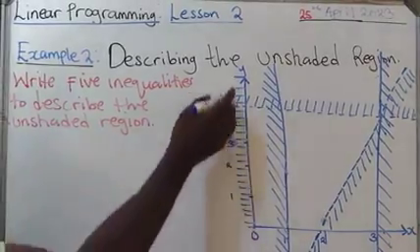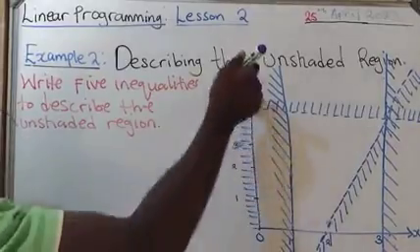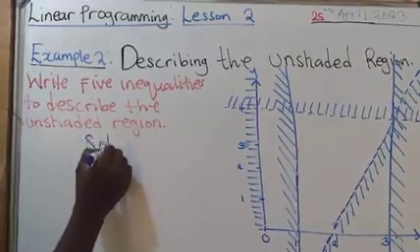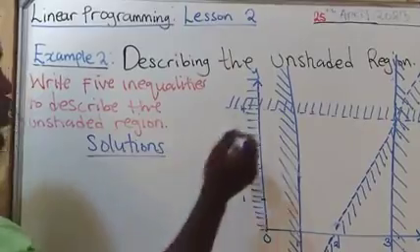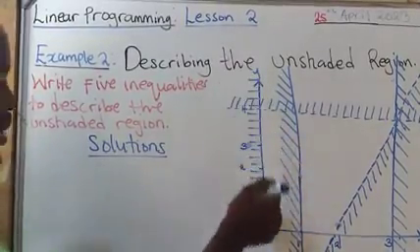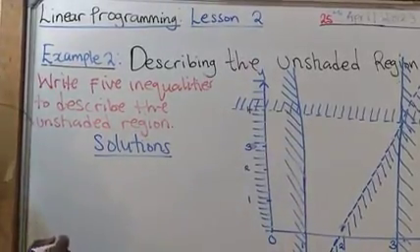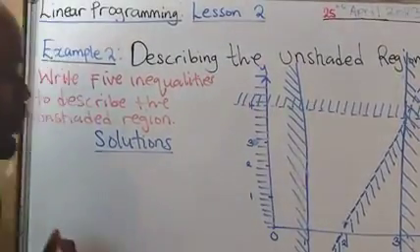So here I will say, what is this line? What did we say? We said this is the line x equal to what? 0. If you remember, this is the line x equal to 0.